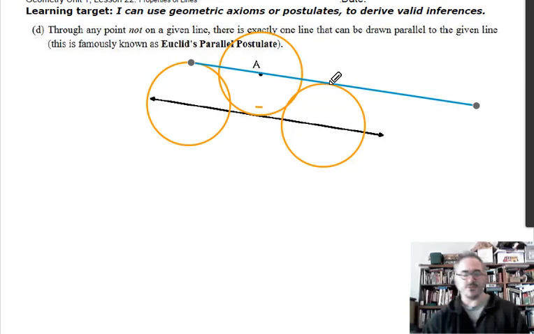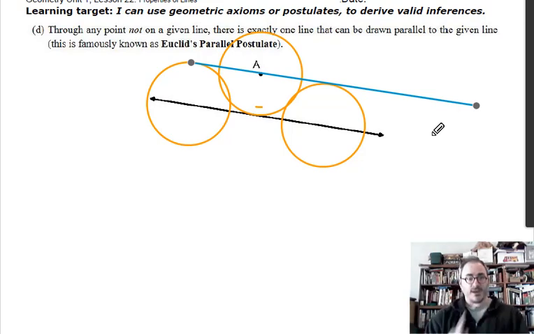I took a measurement with my compass, right? And then I put my compass back on this line and I did another circle, which means I know this distance between here and here is the exact same distance as between A and here. So I have three points that are the exact same distance from my original line. So I know this blue line here is going to be exactly parallel to my line here.